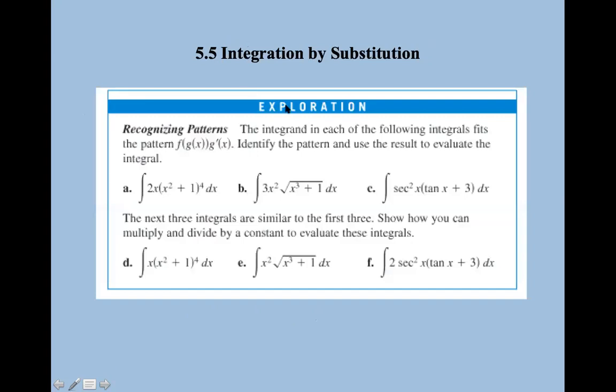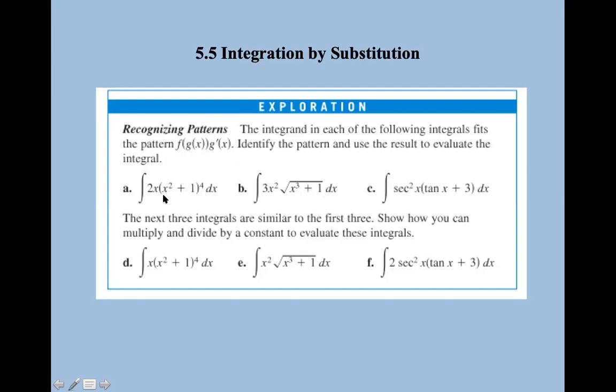We talked about doing substitution, and I mentioned that quite often, if you can recognize the pattern, you don't need to go through the whole u-substitution process. It says here, the integrand of each of the following integrals fits the pattern f of g of x times g prime of x. Identify the pattern and use the result to evaluate the integral. So I'm really looking at this complicated part.